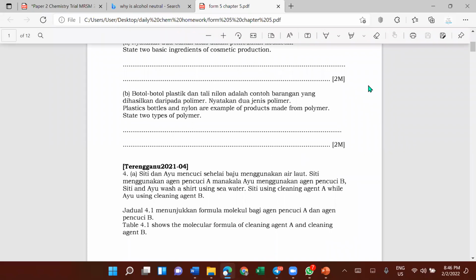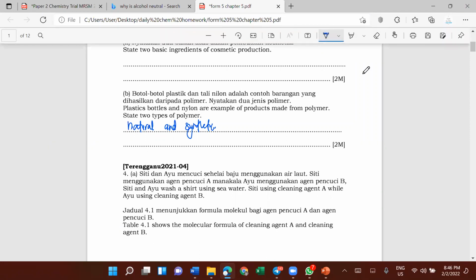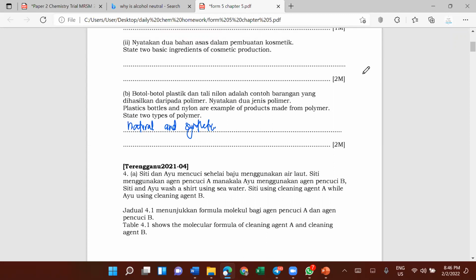It must be natural and synthetic. Why cannot take Mukni's answer? I only used the synthetic one. Yes, okay, you are just using the synthetic only, yeah? So teacher wants both together. Okay, let's go on to the next one.